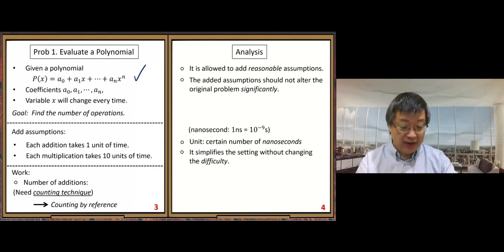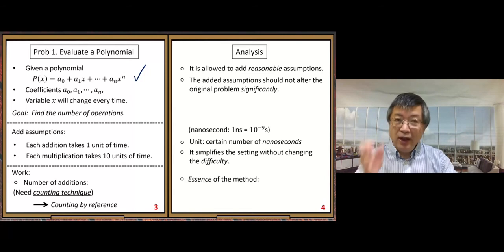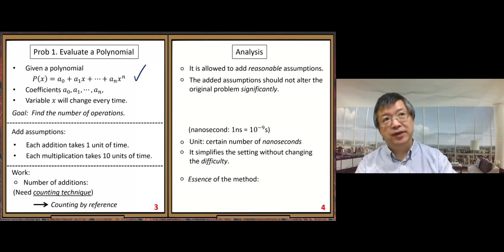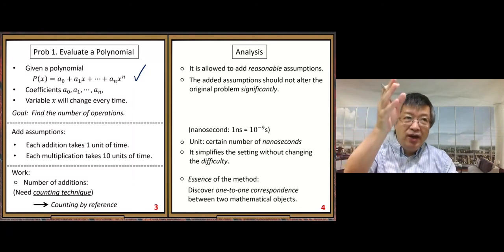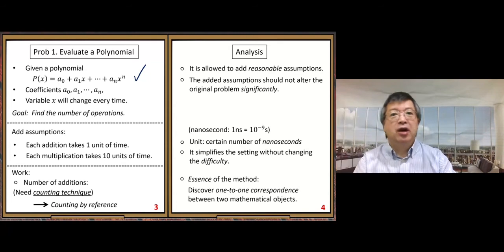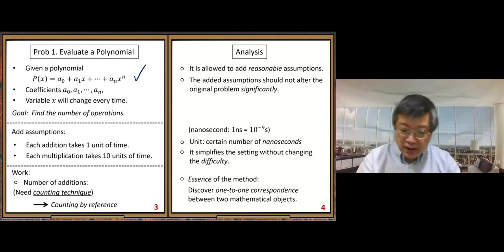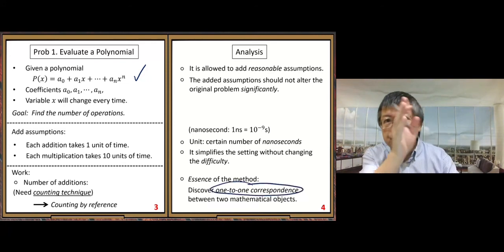What do you mean by counting by reference? The essence of the method is like this: we discover a one-to-one correspondence between two mathematical objects. The most important thing is this one-to-one correspondence.